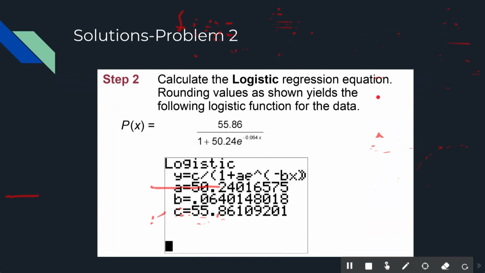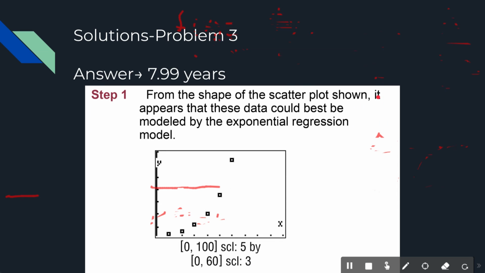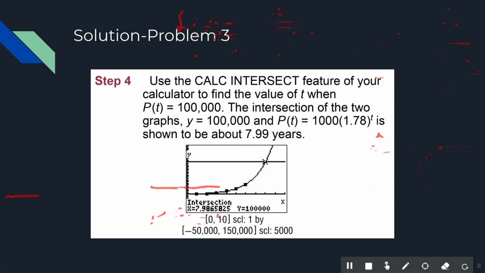Okay, we're just gonna find when this function reaches 100,000. You can use solve if you have a TI-89, or you can just graph it out and find where the two graphs intersect, and this is at around 7.99. So this is the amount of time it's going to take to reach $100,000.